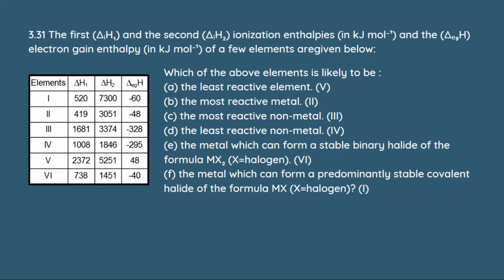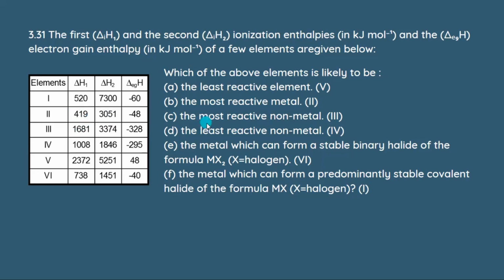Now, element 2 has the least first ionization enthalpy. Also, compared to this, it has a lower negative electron gain enthalpy, which means this is the most reactive metal because it's easy for this particular element to lose electrons.